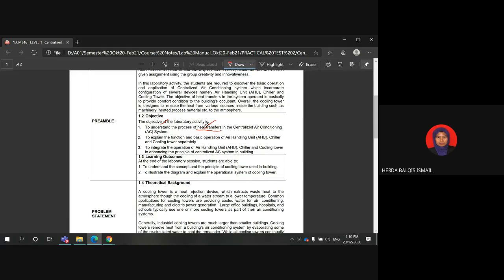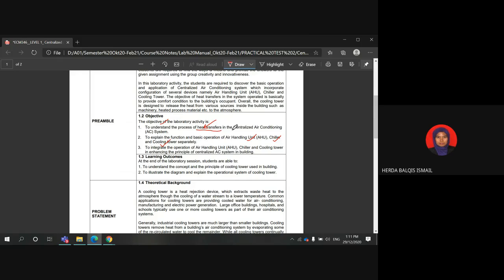So what means or medium can help to transfer the heat? Basically, the aircon system. So next, explain the function and basic operation of the air handling unit, chiller, and also cooling tower. You need to be able to address what an air handling unit is and the location to install this air handling unit.